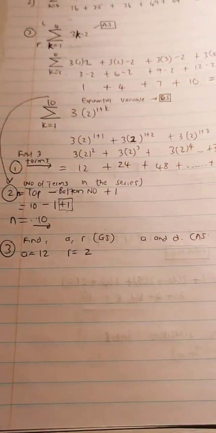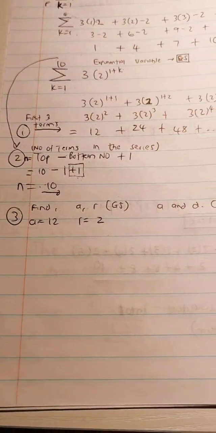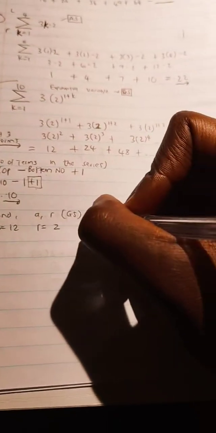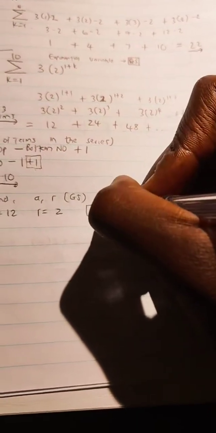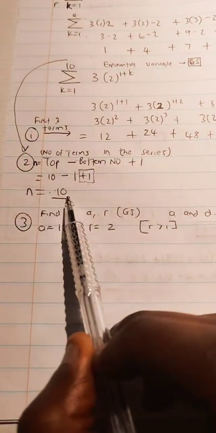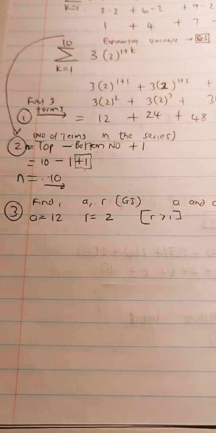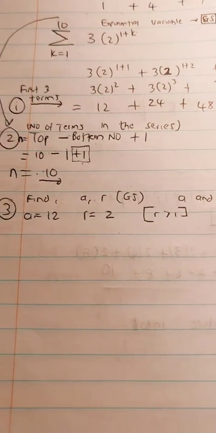T2 divided by T1, T3 divided by T2, it's R. That is 2. Now, we can see that our R is greater than 1, which is beautiful because for the sum of the first 10 terms, it means we are going to use which formula? We are going to use that first formula.